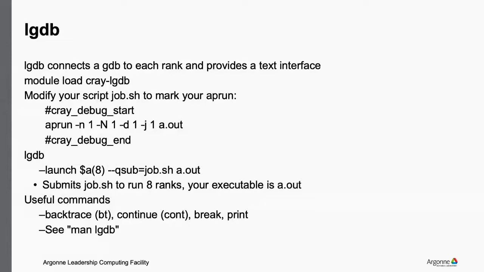And you can prefix the command. So let's say you run your program under lgdb, they're all running, and then you interrupt it. Instead of saying print A, to get the value of A, you would say something like, on rank 6, print A, right?